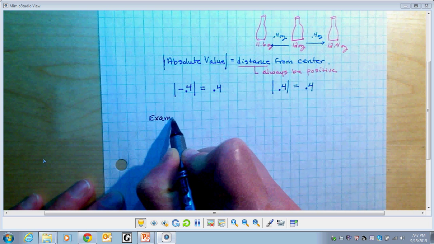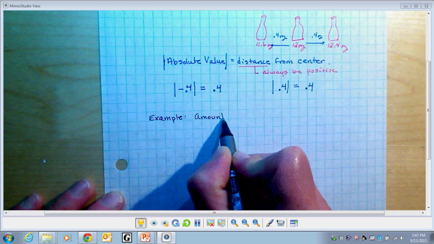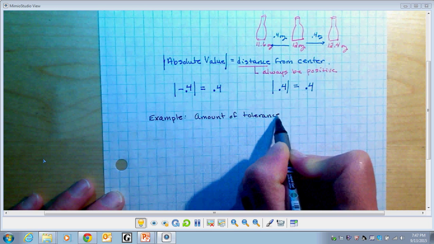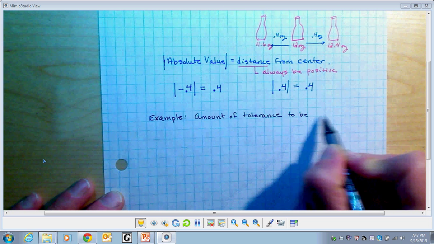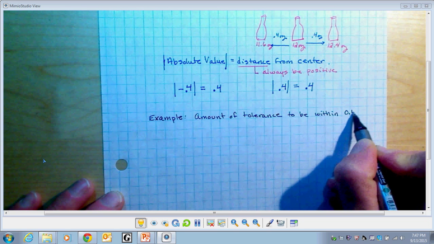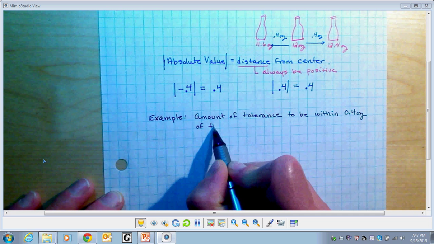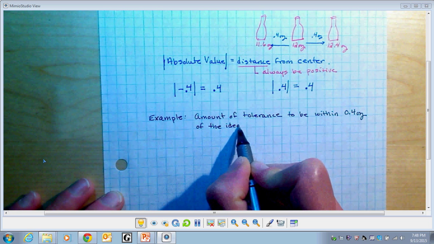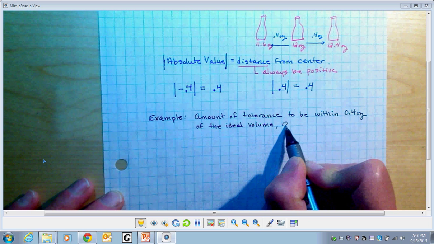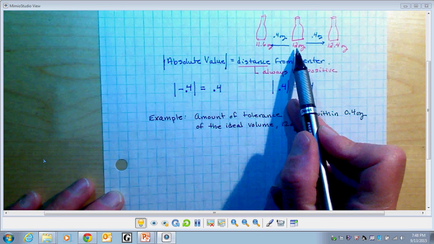So I have an amount of tolerance to be within 0.4 ounces of the ideal volume, which is 12 ounces. And here's my ideal volume. Okay? So what does that mean?